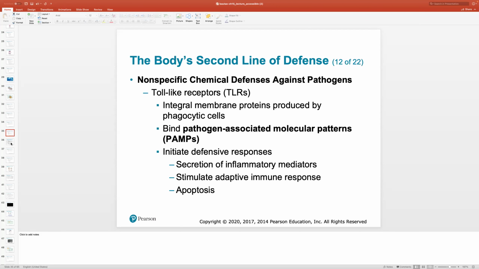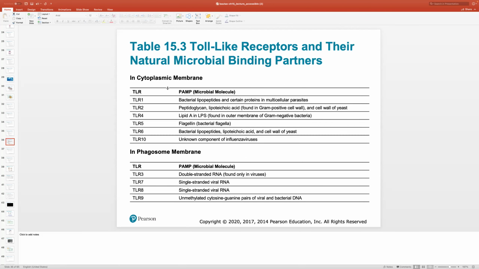So here is a list of some of the ones that we know about, the toll-like receptors and their natural binding partners. So this is the toll-like receptor, and these are the pathogen-associated molecular pattern microbial molecules. Okay, so you see 1, 2, then 3 is down here, 4, 5, 6, 7, 8, 9, 10.